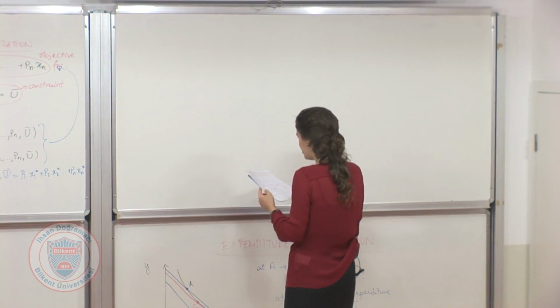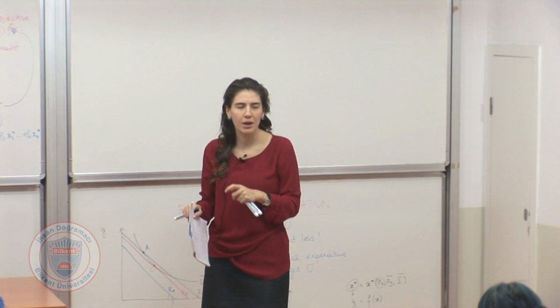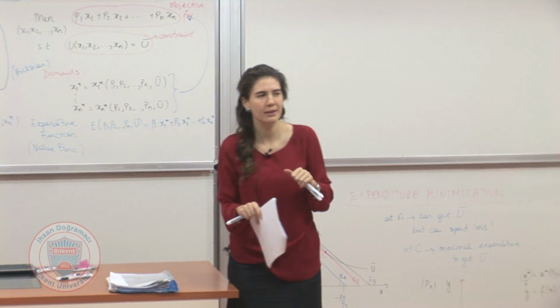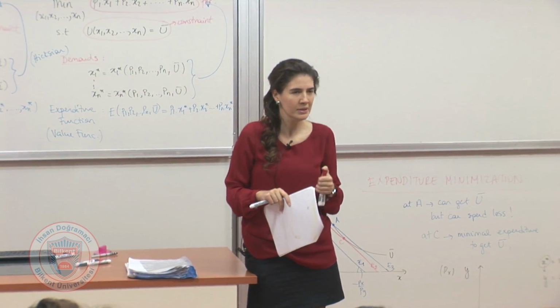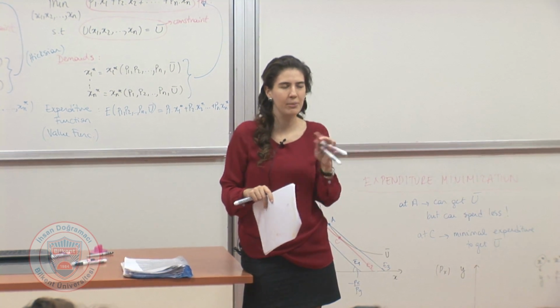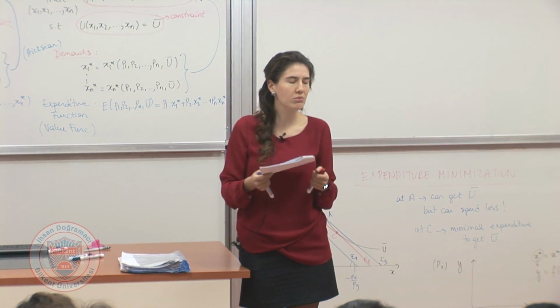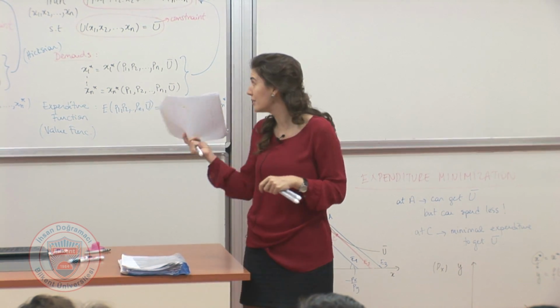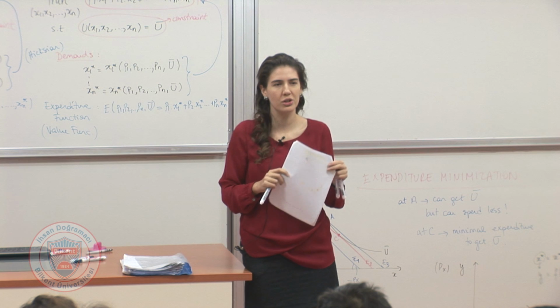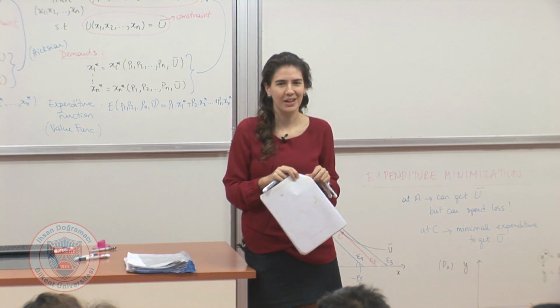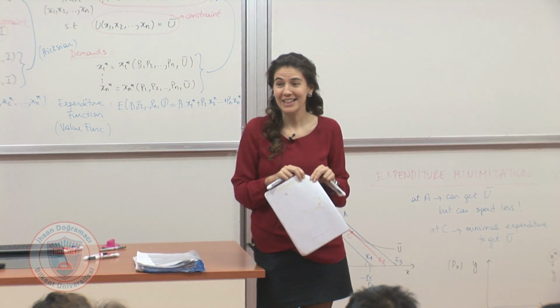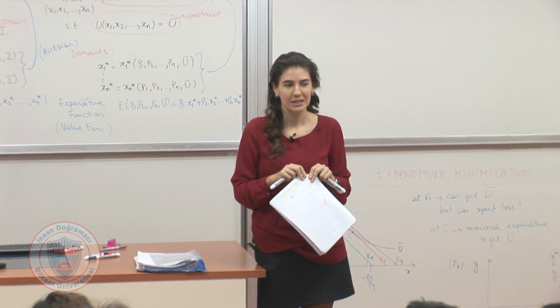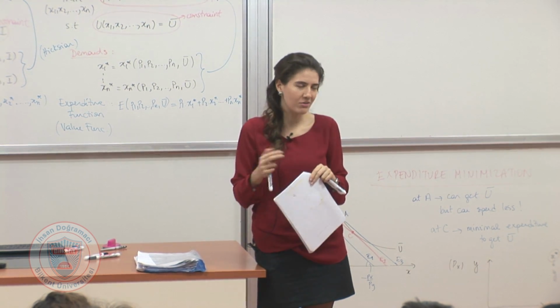But before we do this, why do you think people wanted to introduce this expenditure minimization problem? Why do you think they wanted to care about the dual? We know how to solve the utility maximization problem, but why introduce this expenditure minimization version?